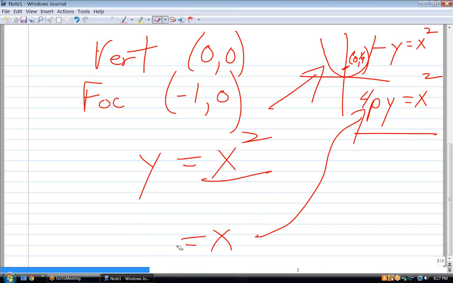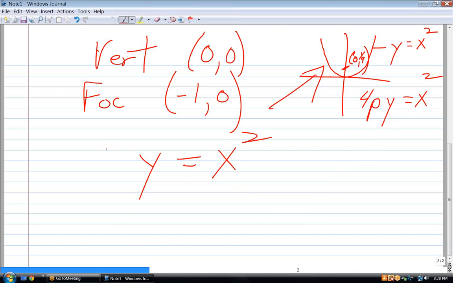So no matter how they give you the equation, you have to convert it to that format. In other words, if they give it to you like this, then it's already in that format. I just equate 2 to 4p. But if they give it to me like this, y equals 3x squared, it's not in that format. I have to divide both sides by 3 to get 1/3 y equals x squared.